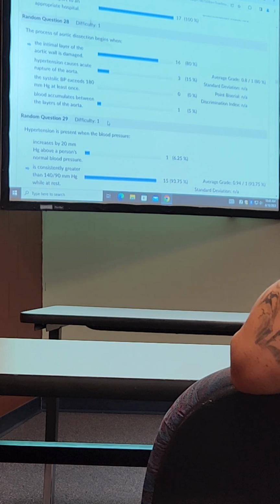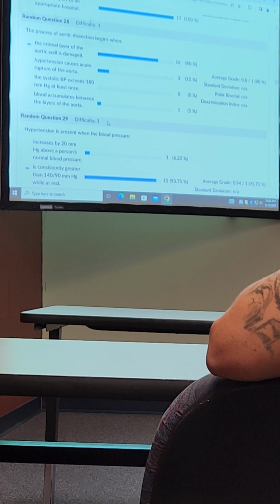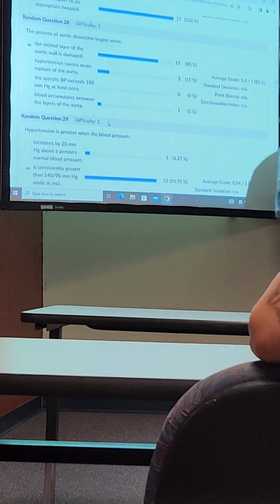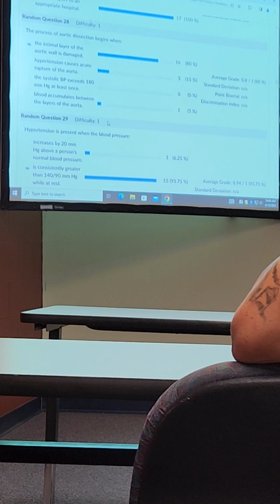Yes. The whole thing is weakened and bulges out, so all these layers look like this. That's an aneurysm. A dissection is the inner layer tears, and now blood is getting in here, which also causes it to bulge out. They are different. So a dissection has to begin when the inner layer is torn. You can have an aneurysm without the inner layers being torn.